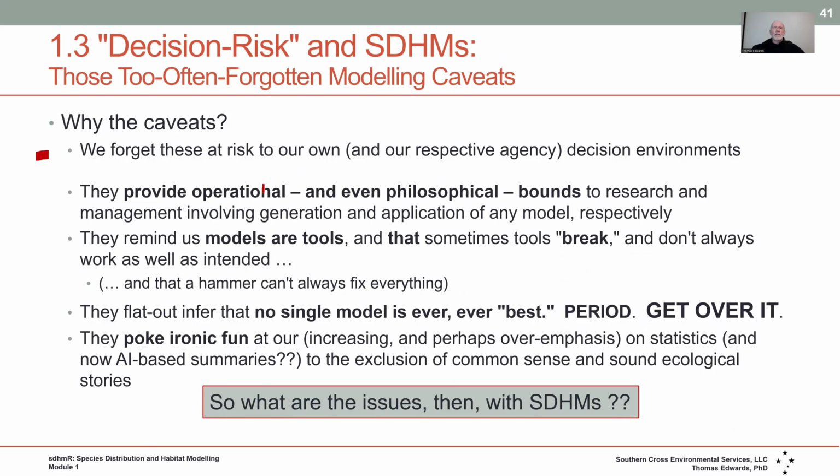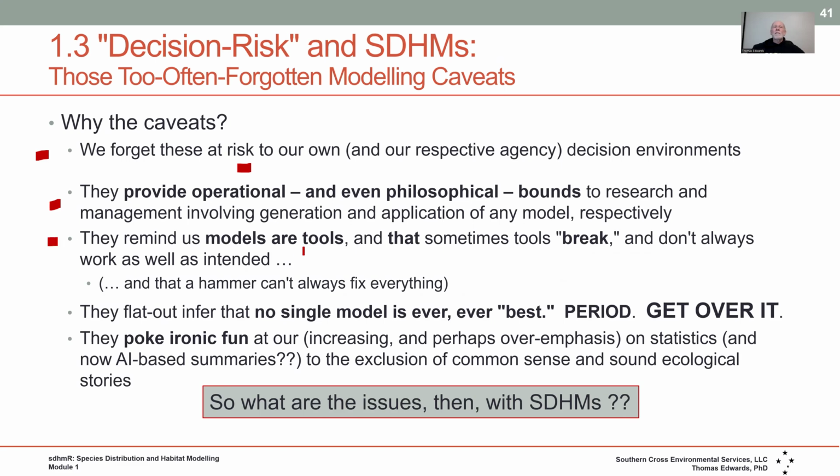So why the caveats? We forget these at our risk. Remember, we're talking about risk right here, in our agency decision environments. The caveats provide operational and philosophical bounds to research that involves the generation and application of any model.